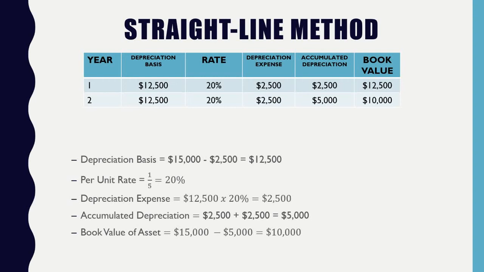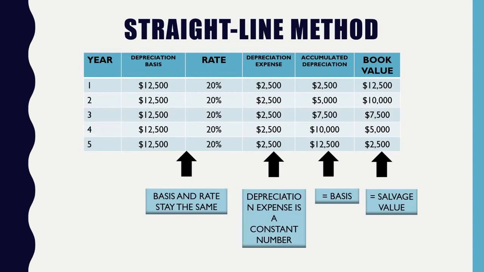And then my accumulated: from the first year I had 2,500, plus I just depreciated the second year 2,500, so I now have a grand total of 5,000. Therefore my book value, 15,000 minus 5,000, leaves me with 10,000. So let's do year 3.